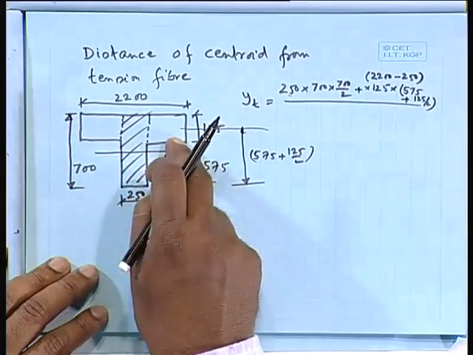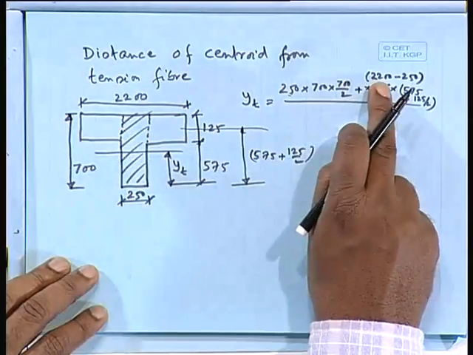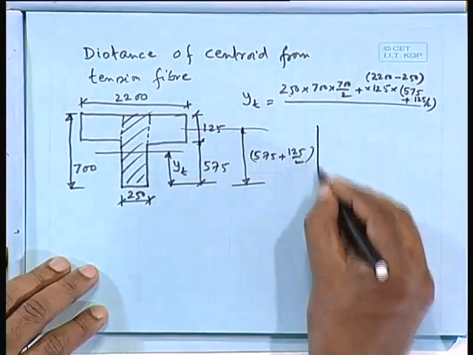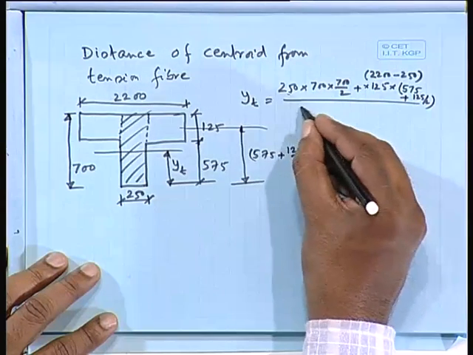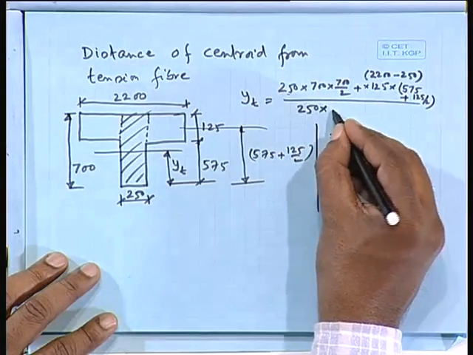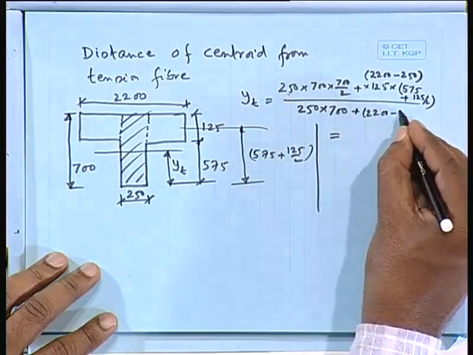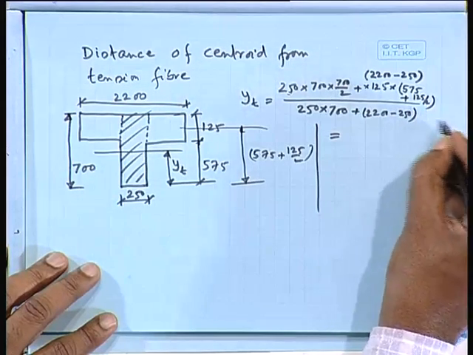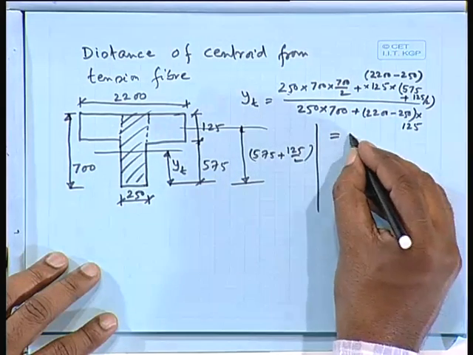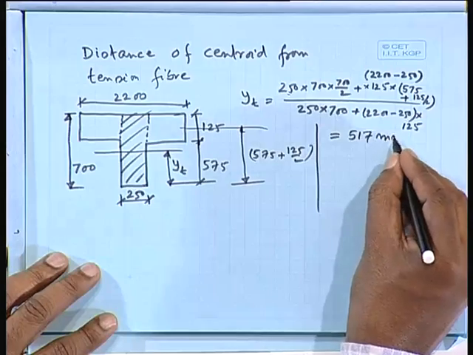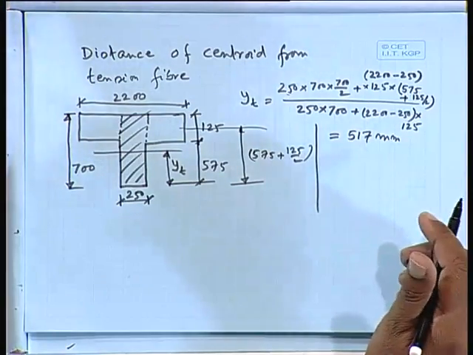So, we have made two parts: one part is the overall rectangular portion, and another one the remaining portion. This is divided by 250 into 700 plus 2200 minus 250 times 125, and which comes as 517 millimeter. So, we have got yt.